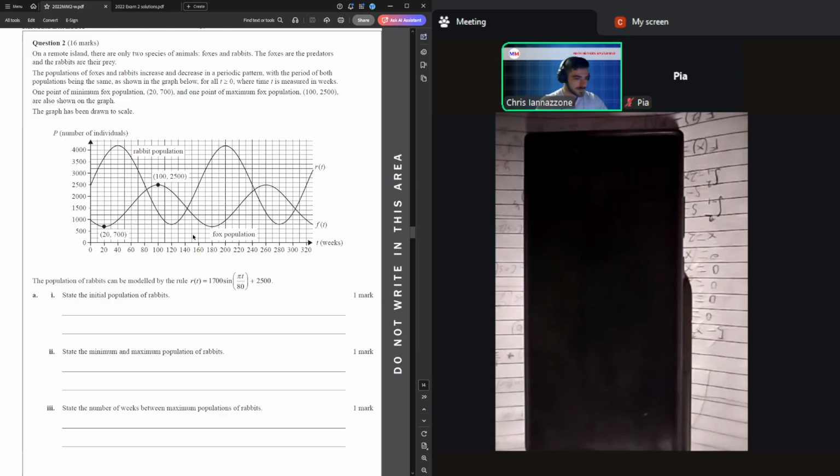State the minimum and maximum possible populations. This one should also be fairly quick.